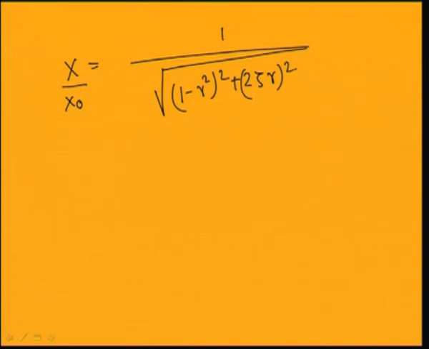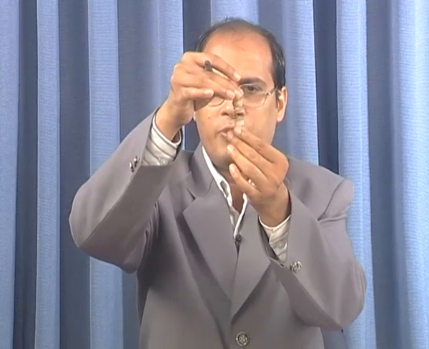Here r equals omega by omega n, zeta is the damping ratio, that is c by cc, and X0 equals F0 by k. In the spring, if initially you give a force F, the displacement will be equal to F0 by k. So this F0 by k will be the static deflection of the spring.